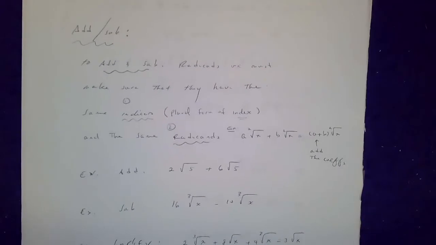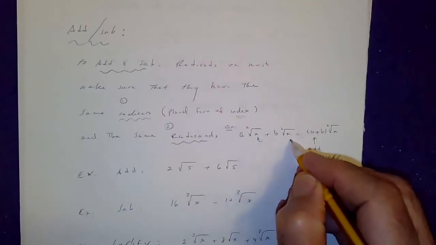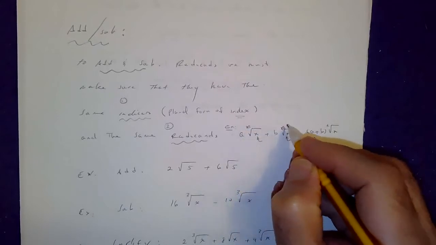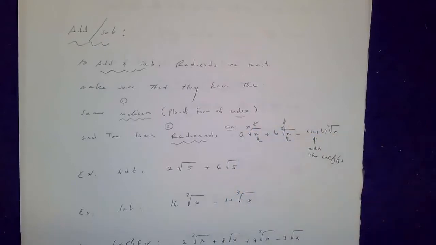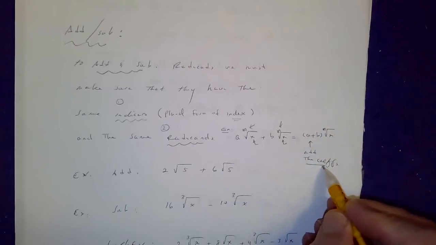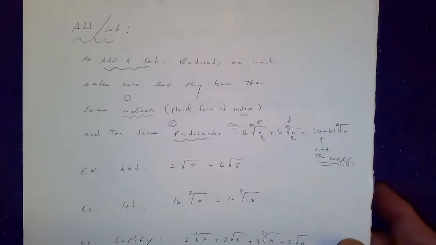What does that mean? These numbers have to look alike, and so do the indices. When they do, all you have to do is add the coefficients and attach the common radical. Do you see it? It'll be clear in examples.